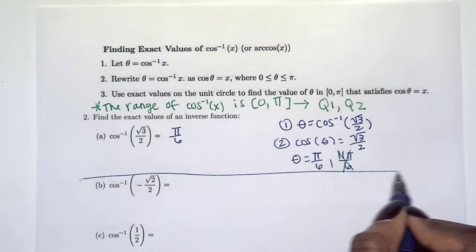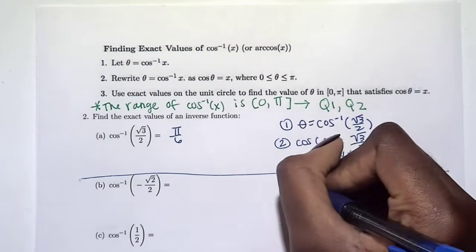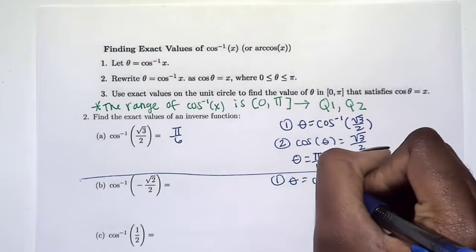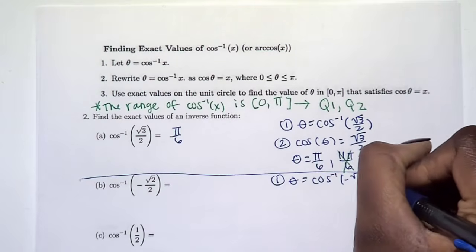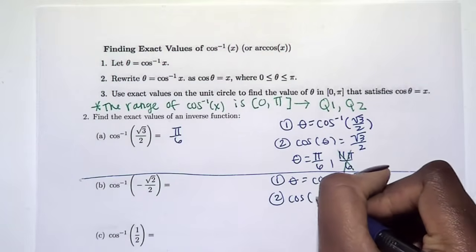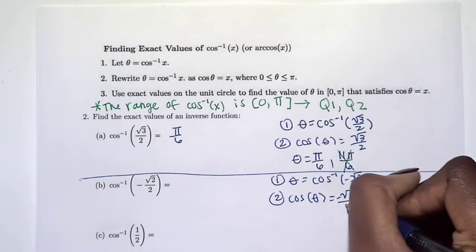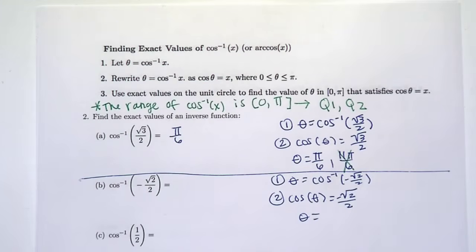Okay. All right, now let's look at cosine inverse of negative root 2 over 2. That means our angle is cosine inverse of negative root 2 over 2. So we need to figure out cosine theta equals negative root 2 over 2 for what angle theta?